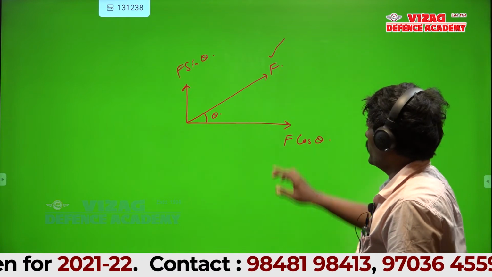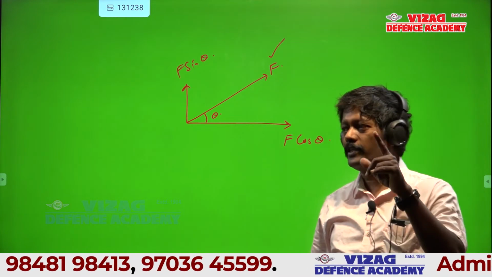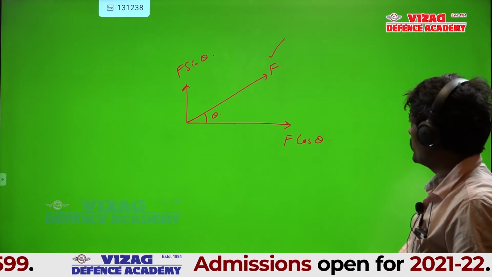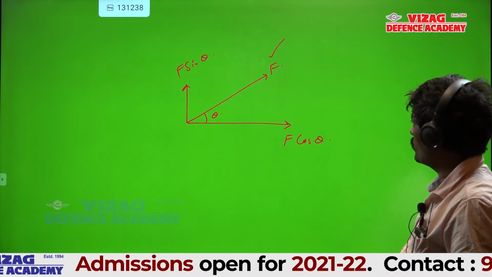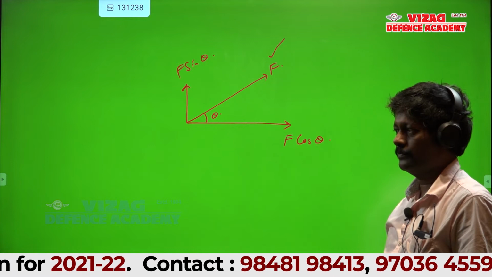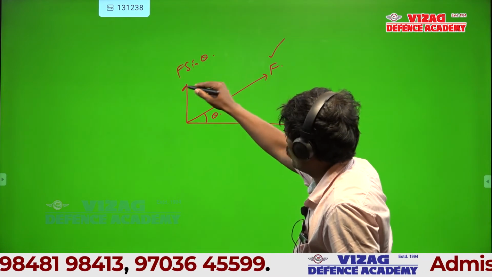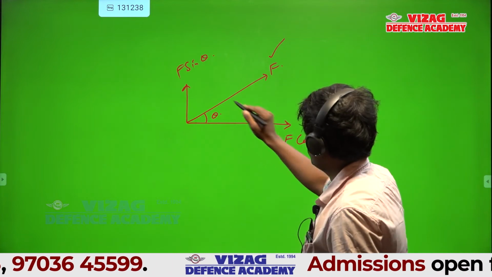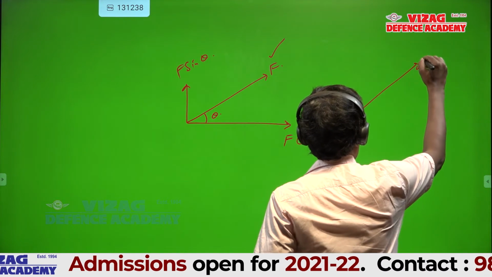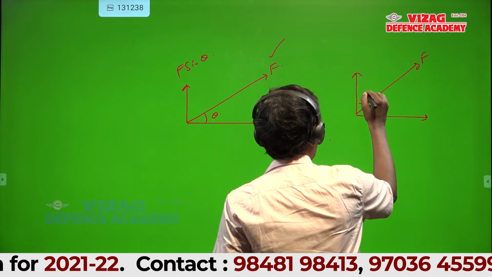So, if I do not want to take the original force, I have to take the components. If you take the components, you do not have to take the original force. So, actually I am splitting this F into two parts, F cos theta, F sin theta. Now, look at this here, this is F, these are the components, this is theta.